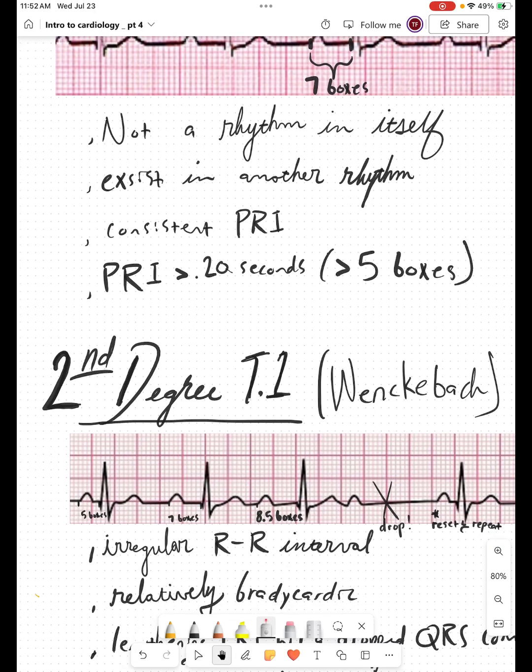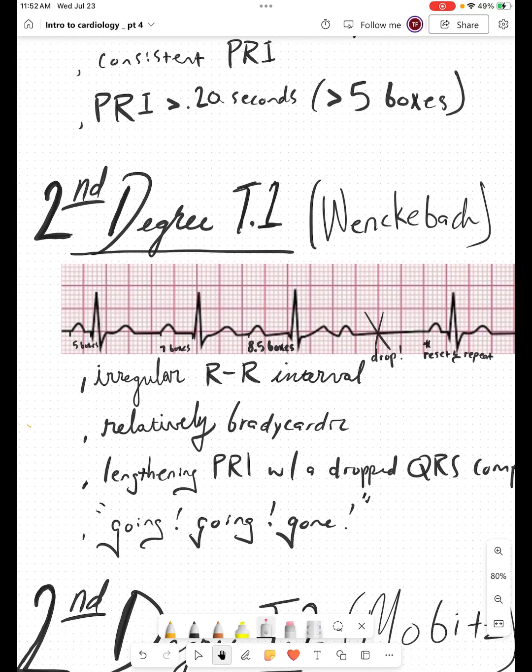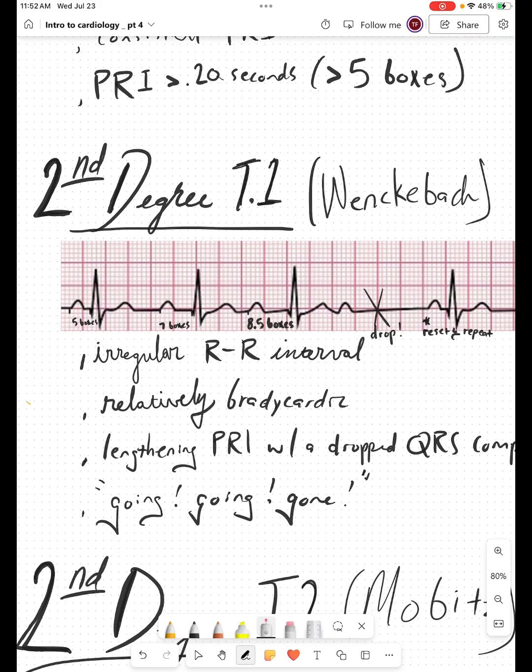Second degree has 2 different types, and we're going to start with number 1, which is referred to as the Wenckebach. You could say second degree type 1, you could say Wenckebach, they're one and the same. What you're having here is its own rhythm. Both types of second degree heart block are going to be their own rhythm in their own right.